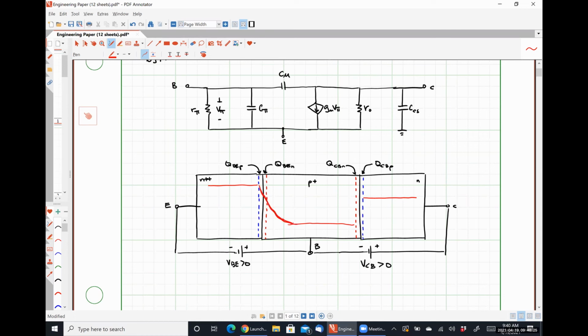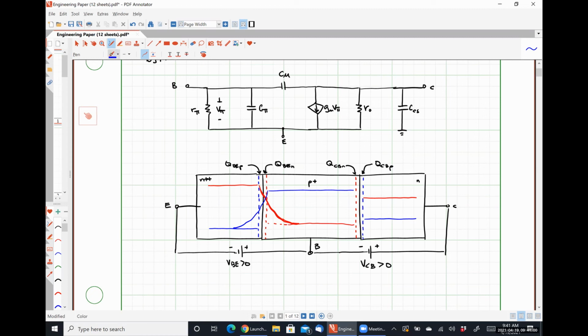It's roughly an exponential profile, like so. And for the holes, it's going to look something like this. So these are the carrier concentration profiles across our junction.